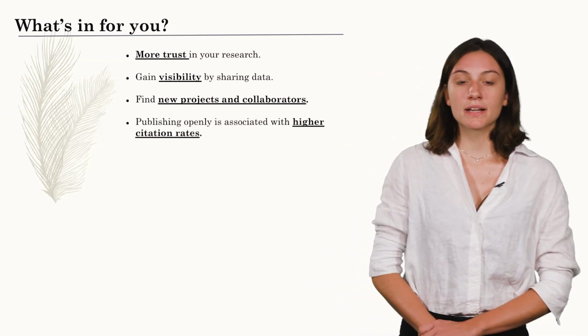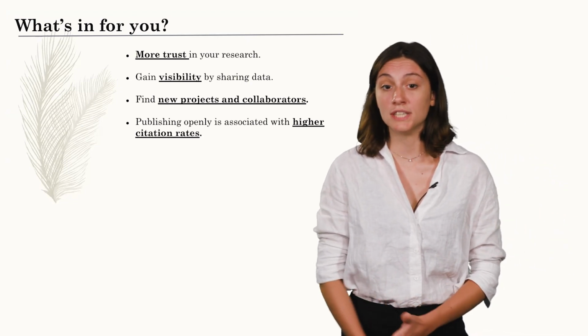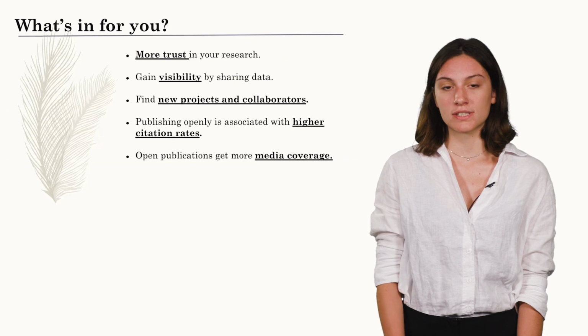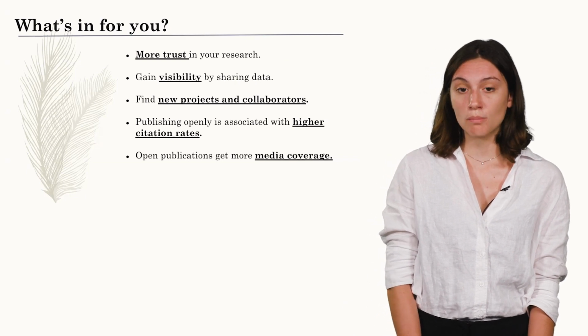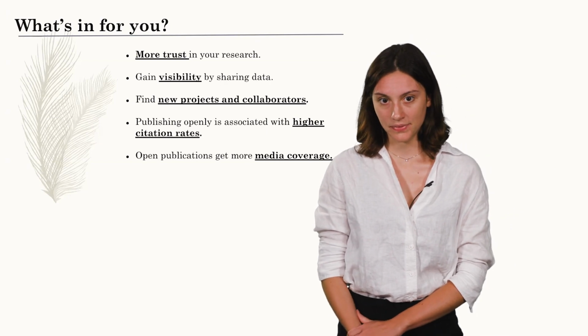Another important aspect is that publishing openly is actually associated with higher citation rates. And we also know that open publications get more media coverage. So by publishing openly, you as a researcher can again gain visibility.